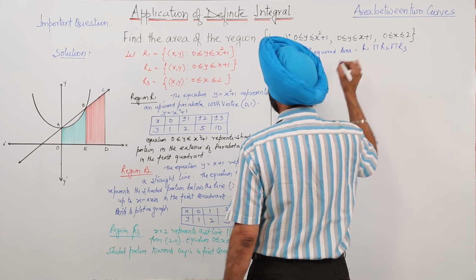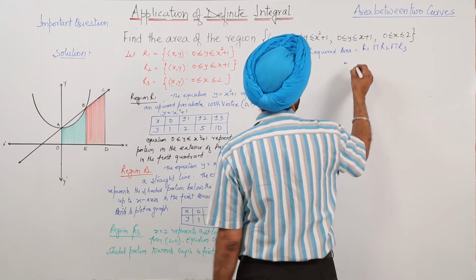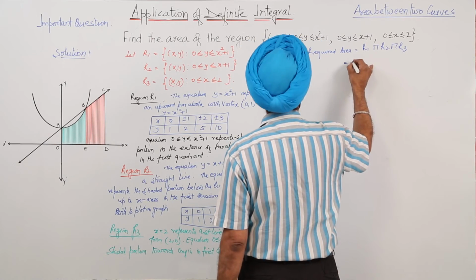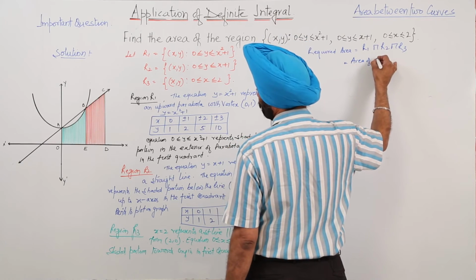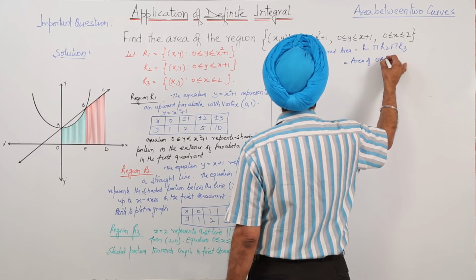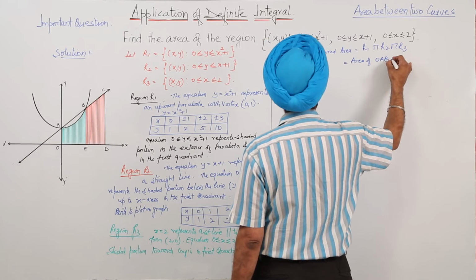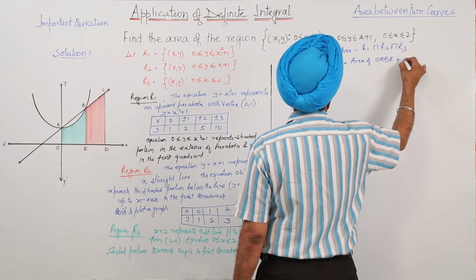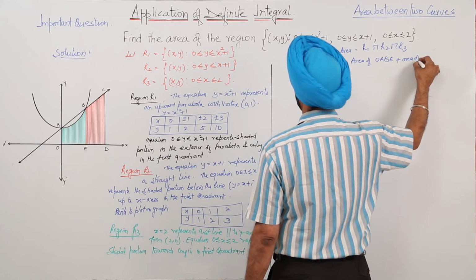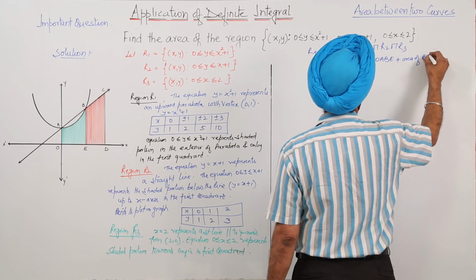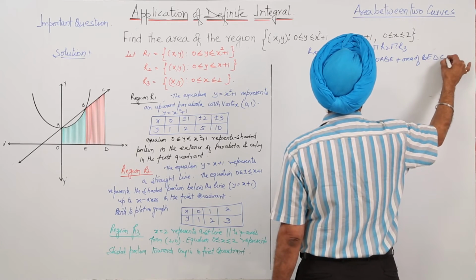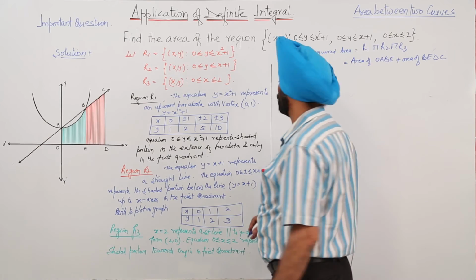Now, the required area is the area of OABE plus the area of BEDC. So, this is the required area.